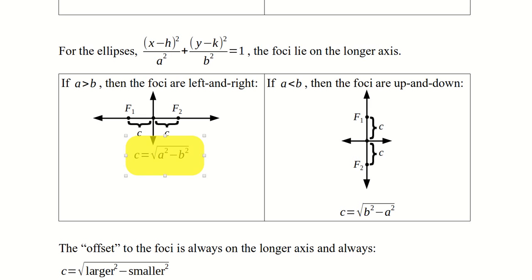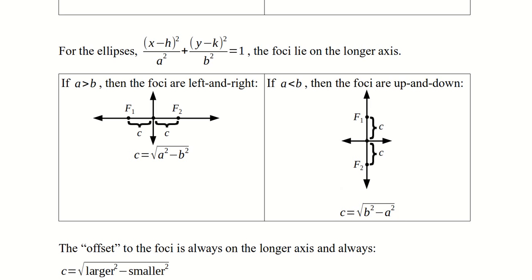Now that helps because notice that our formula when b is bigger than a is different. And so you might say, oh goodness, this is going to be a lot to memorize, but it isn't. If you're going to find C by taking a square root, you better be taking the square root of a positive number, that is bigger minus smaller. And notice that that's exactly what we've got in this second case.